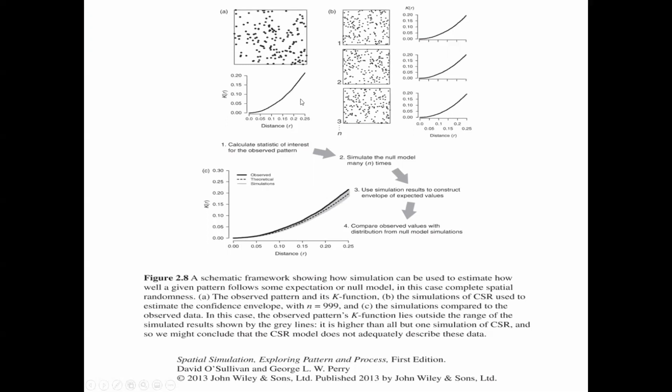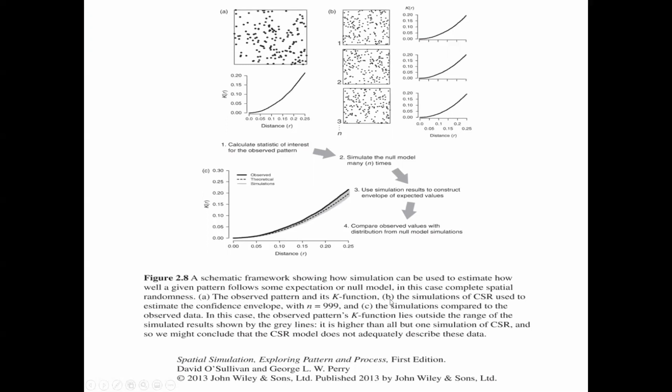This black curve looks like it is on the upper boundary of this envelope, but according to the explanation from the textbook, this is the simulations compared to the observed data, the shaded area compared to the black solid curve. In this case, the observed pattern's K function lies outside.